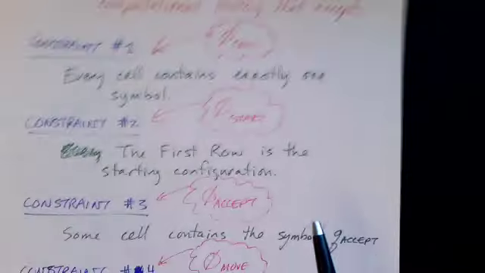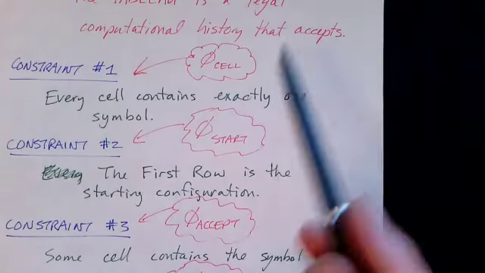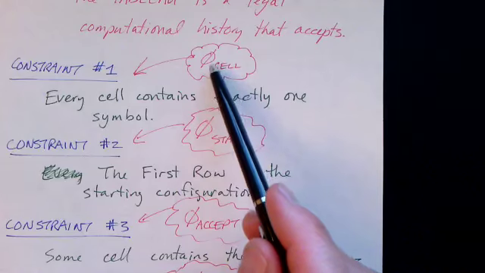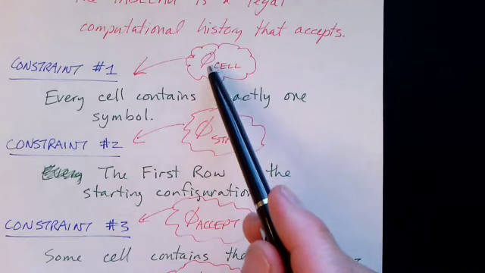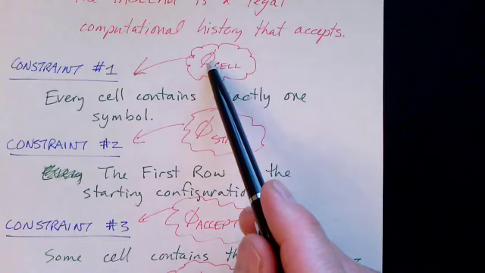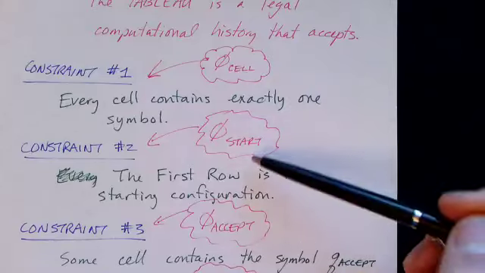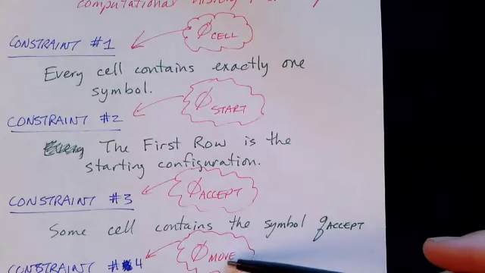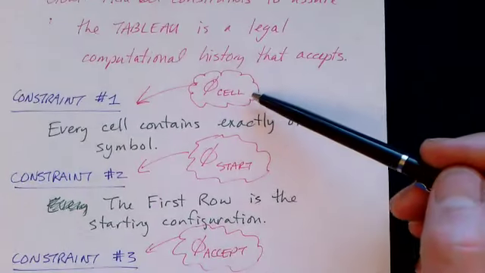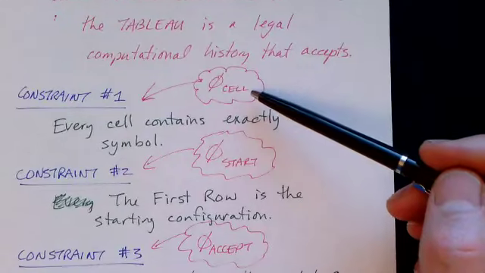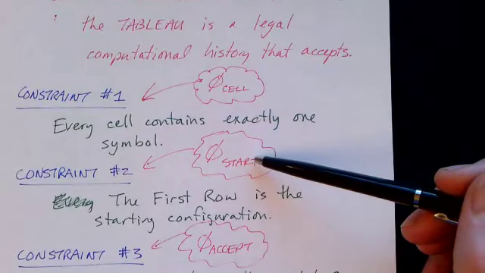And so this formula that we're trying to build, all in all we call it phi, and we'll make it from these parts. So we have phi cell, phi start, phi accept, and finally phi move. Phi cell is the constraint that every cell contains exactly one symbol.